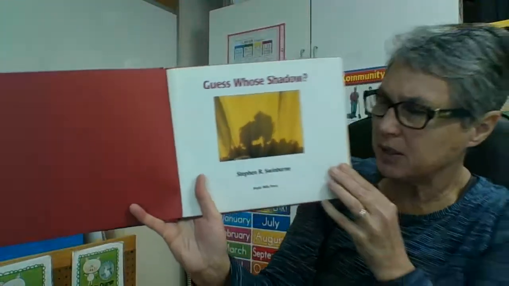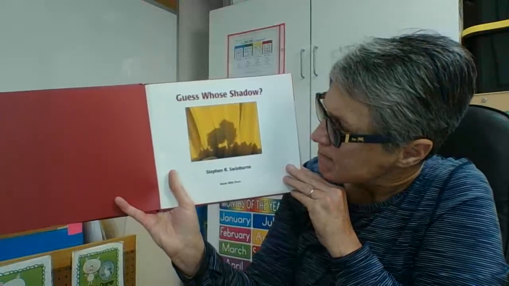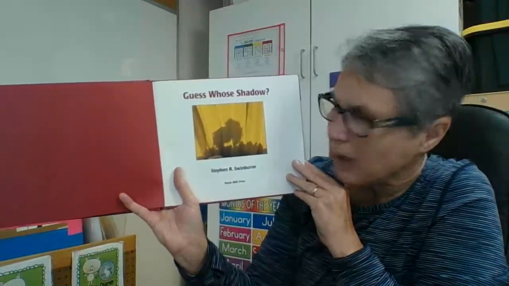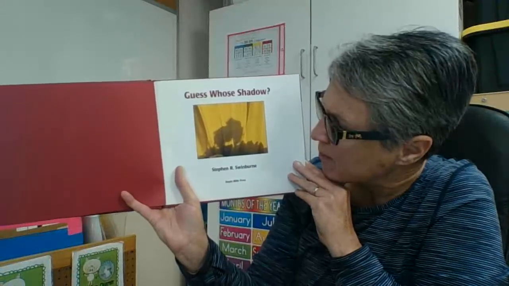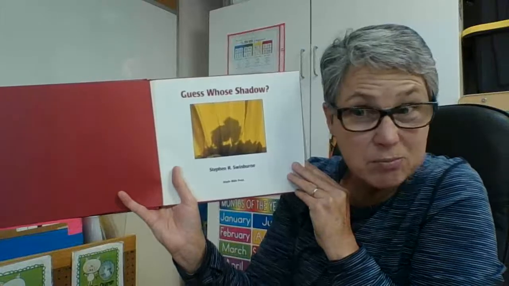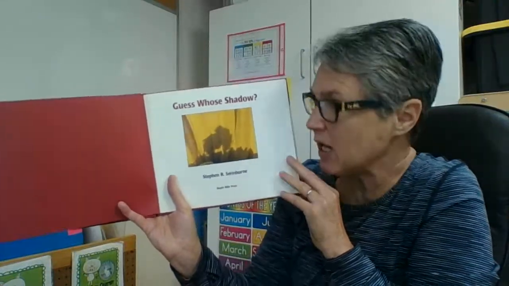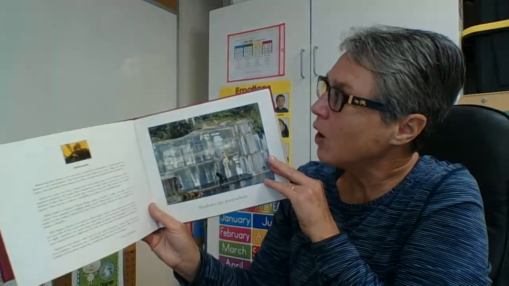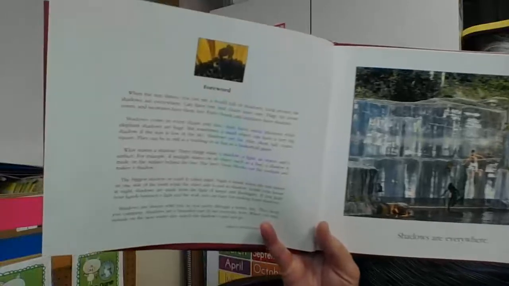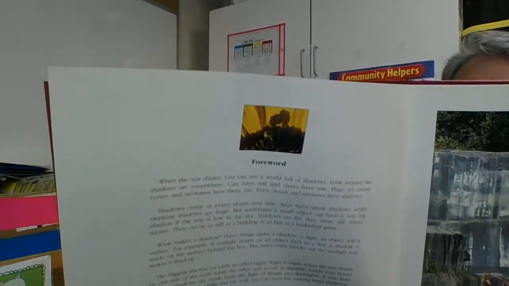When I think about the insects that usually visit a flower, well, it doesn't have big wings, so I don't think it's a butterfly, but perhaps it might be a bee. Well, let's find out. Hopefully the book will tell us.